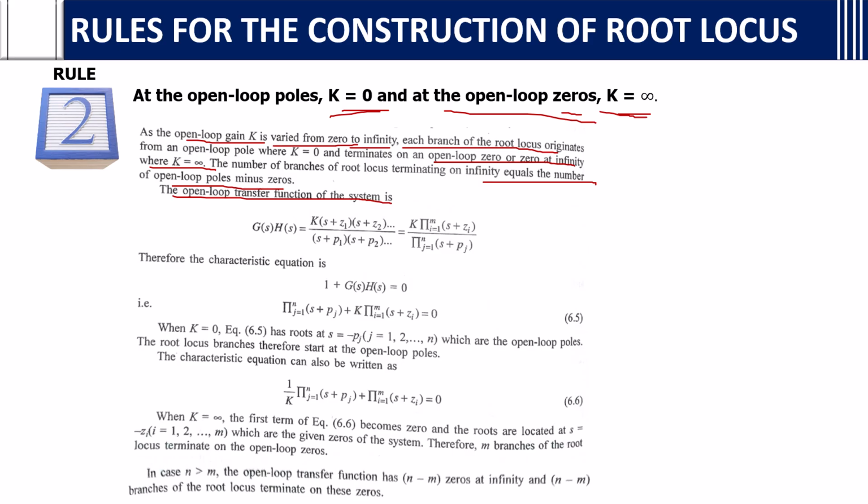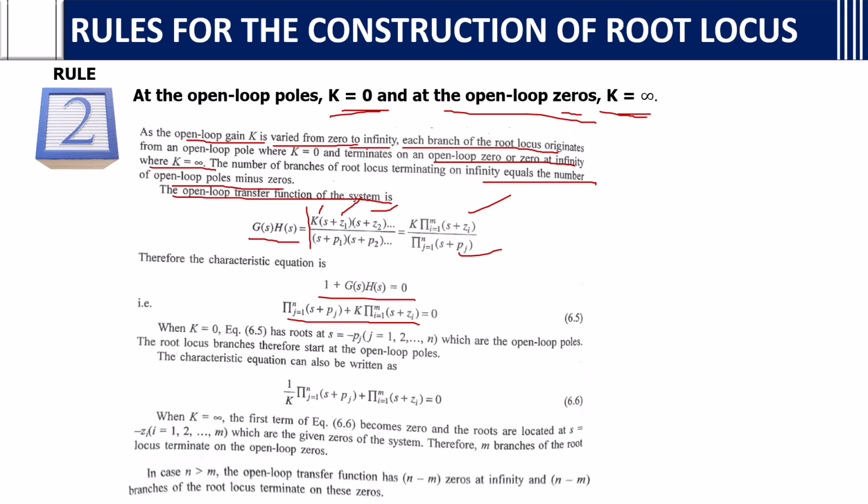The open loop transfer function of the system is G(s)H(s). We have already seen in the previous video that open loop gain is k, multiplied by (s plus z1), (s plus z2), these are zeros and these are poles. Therefore the characteristic equation is 1 plus G(s)H(s) equals 0.